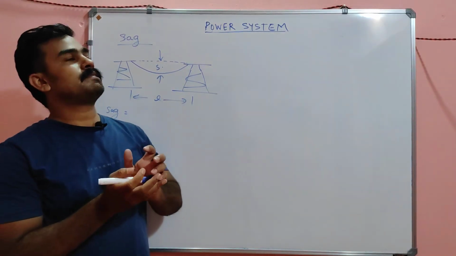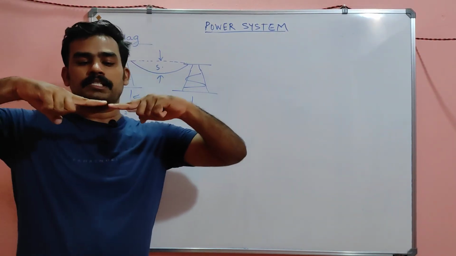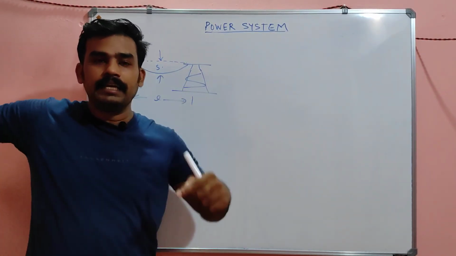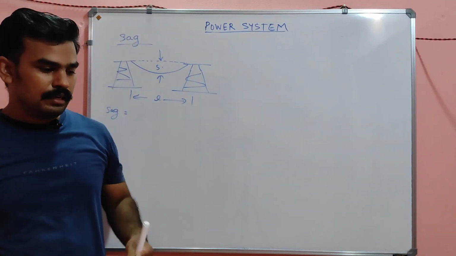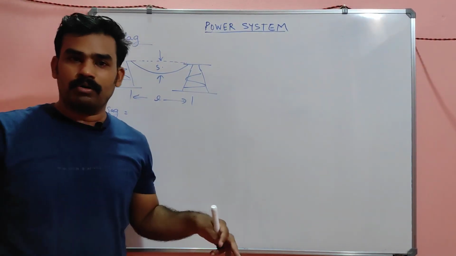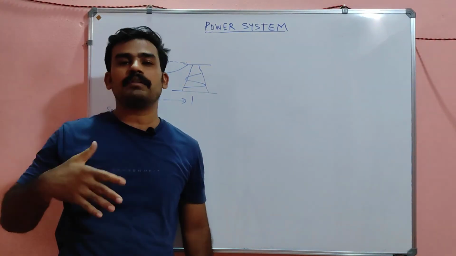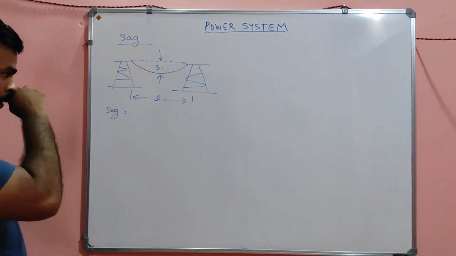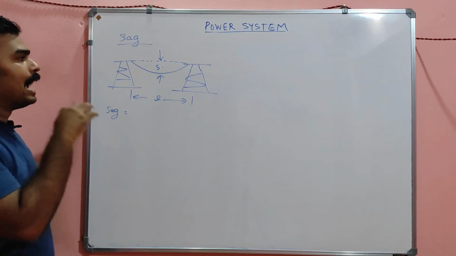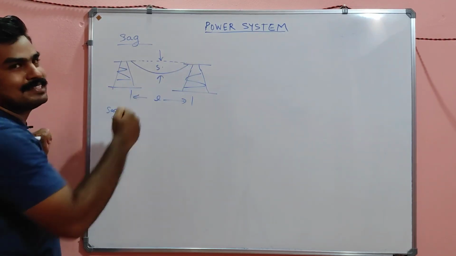You already observed in the transmission line that it is not steady, right? It is hanging somewhere. In the summer season the sag will be more, and in the winter season not that much sag will be there. So the hanging from the stable position is called the sag.